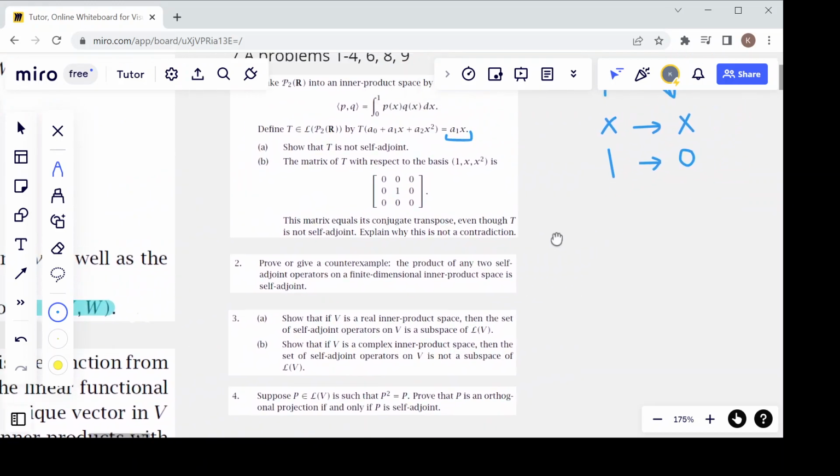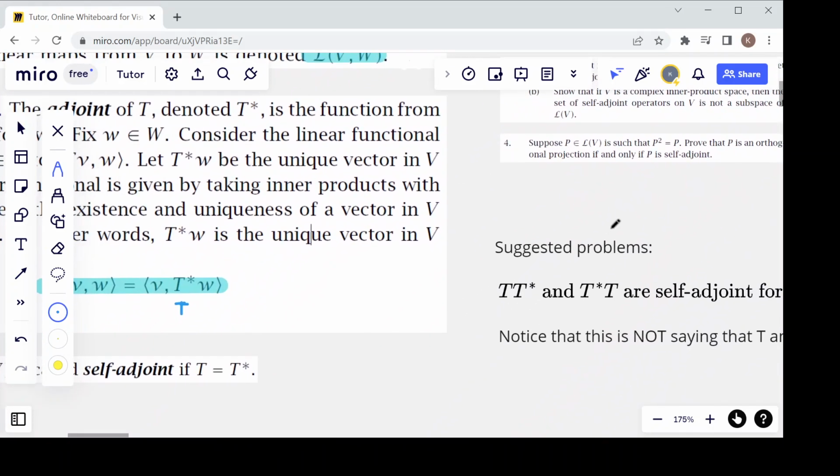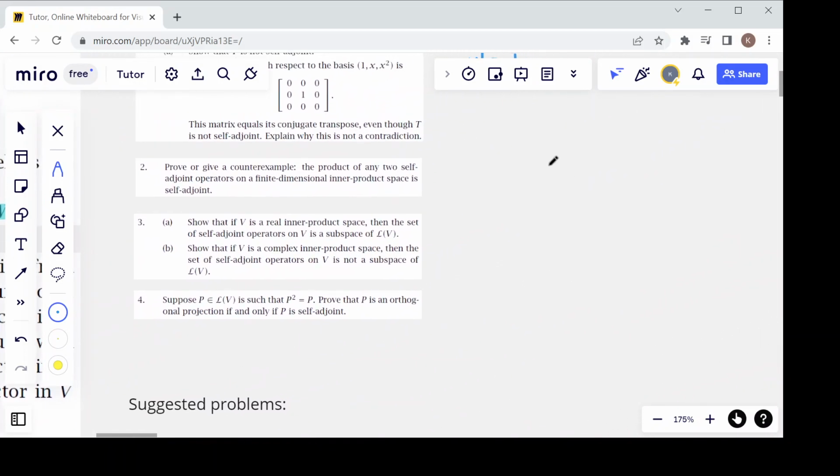So in the first part of our definition, well, let me clean this up a little bit. We're going to say that our vector v is the polynomial x, and our vector w is going to be the polynomial 1. So in the first part of our definition, we want to take the inner product of Tv and w.